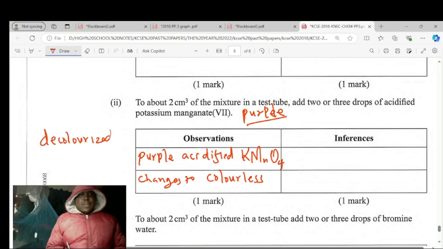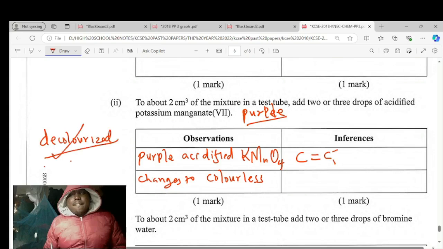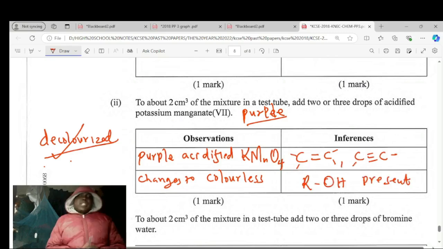To decolorize means the color changes from purple to colorless. So if that is the case, then the double bond, the triple bond, and the alcohol are present. Those 3 are present.